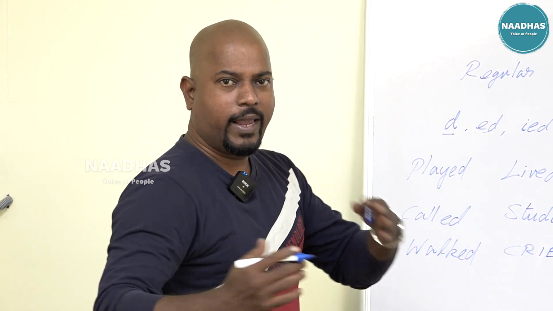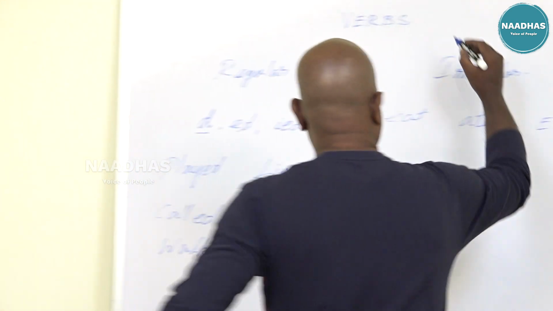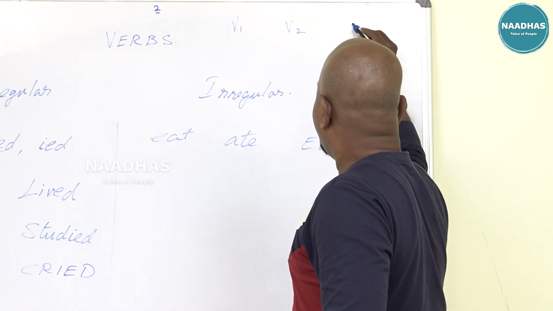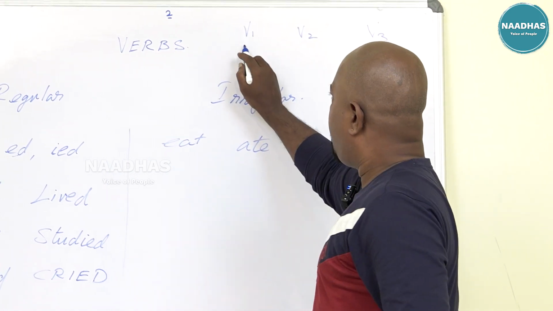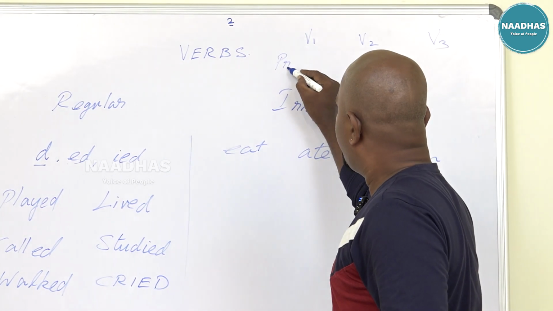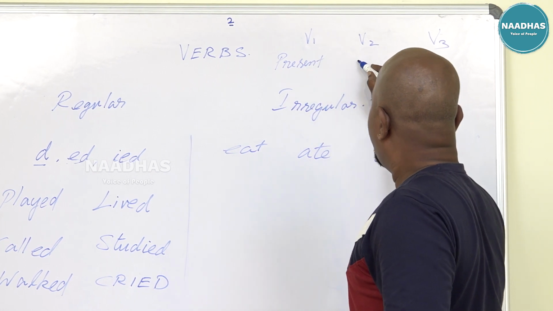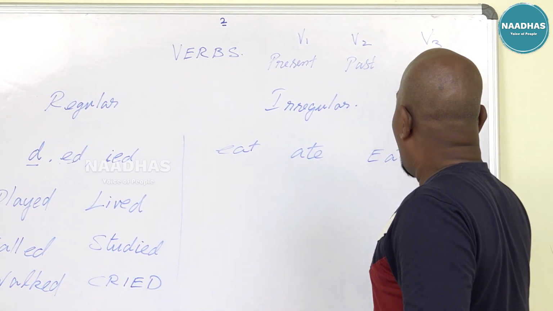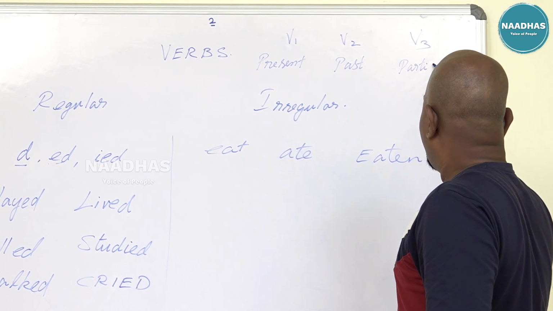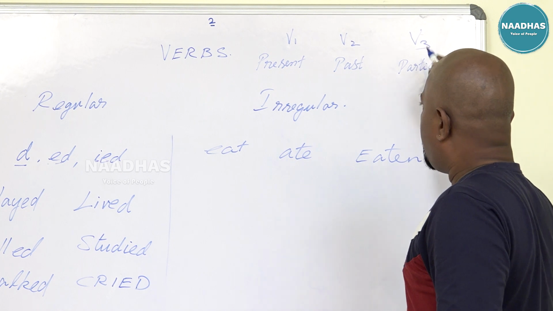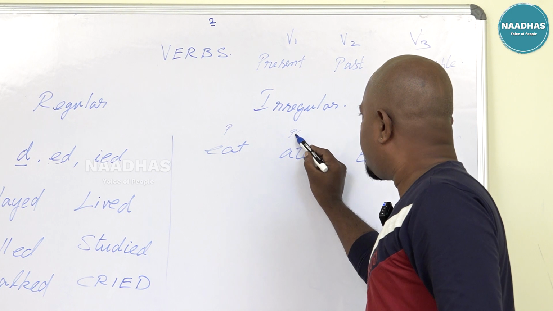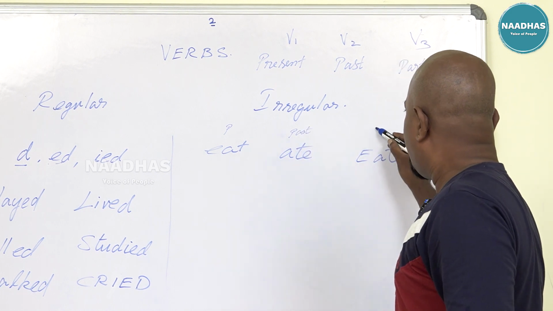Like we can make it into three forms of the verb. It's V1, V2, and V3. V1 is present, V2 is the past, and V3 is the past participle form, all right? So, present, past, and participle.